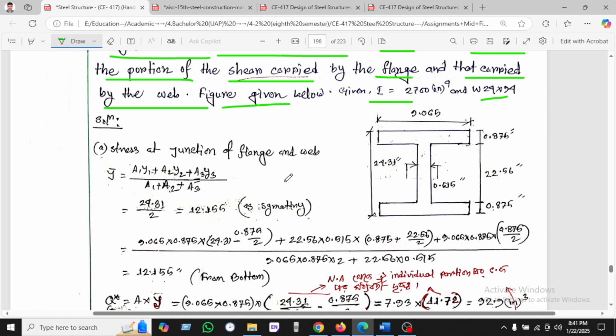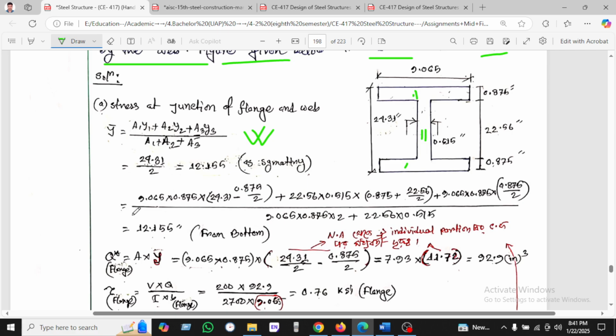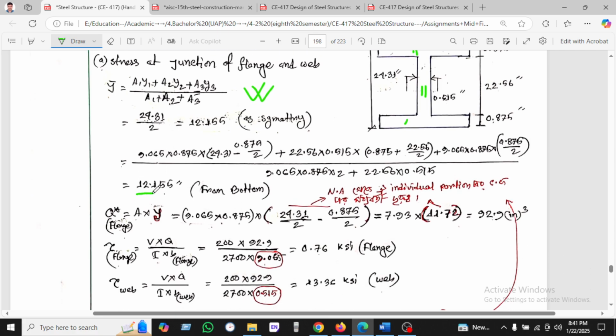So we can use the y bar, which has A1. We can divide the section into 1, 2, and 3 parts. A1 y1 plus A2 y2 plus A3 y3, divided by A1 plus A2 plus A3. In this way you can calculate the CG on the y-axis, which is found to be 12.125 inches from the bottom.